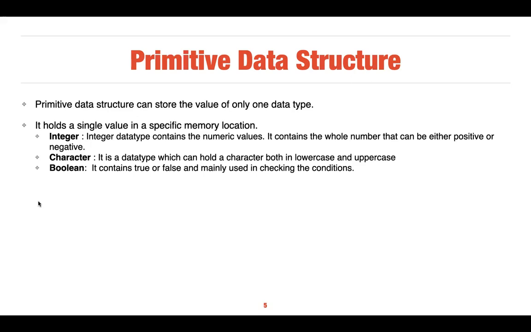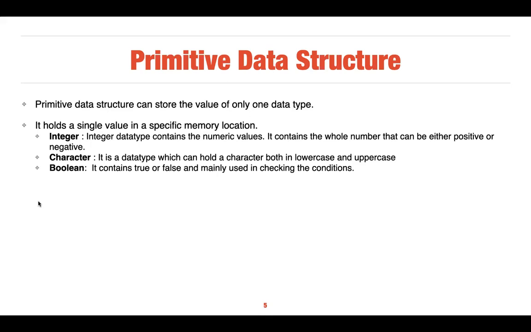And if we need to provide decimals, we will require a float data type. So this is for numbers. And for characters, we can use the data type char or string. Character is a data type for character data, which can be in lowercase or uppercase.